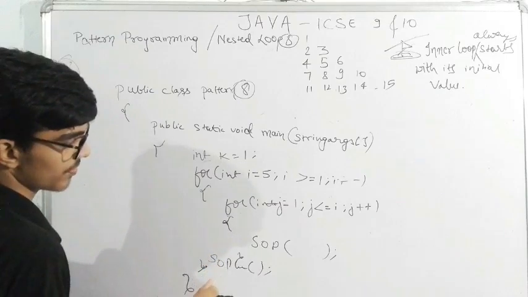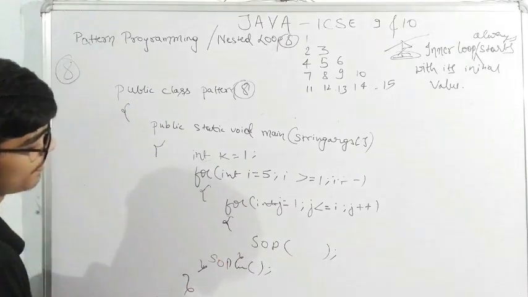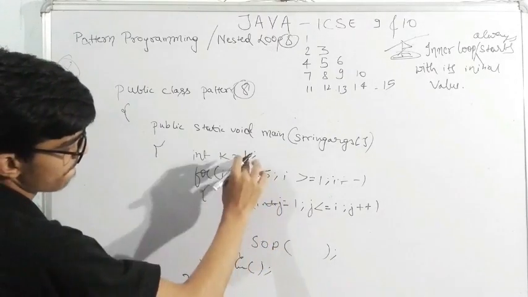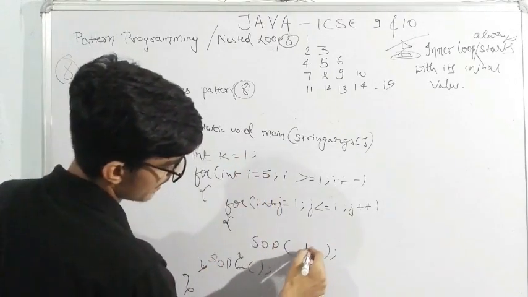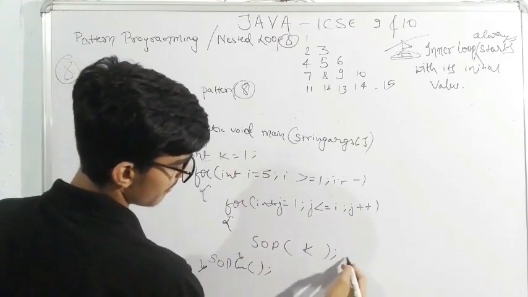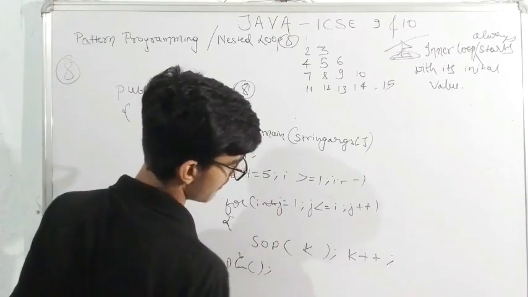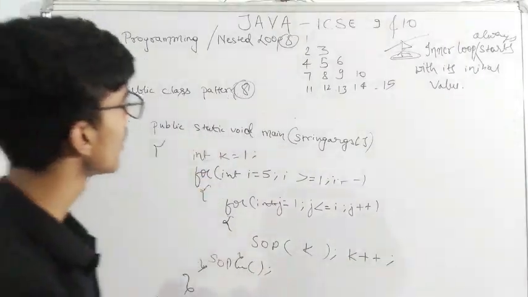Now what will we print here? We'll print k, and one more statement we'll write here after this semicolon. We'll write k plus plus. Hope you all have copied it.